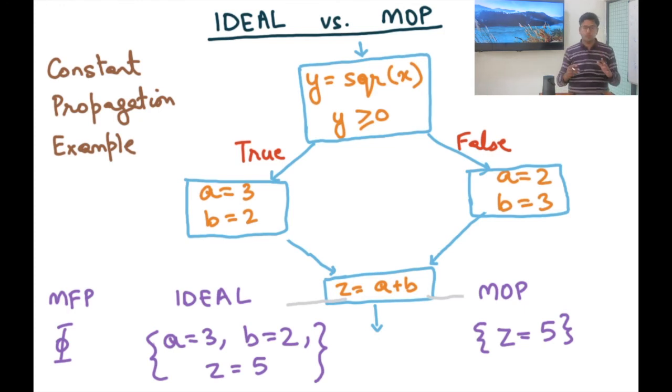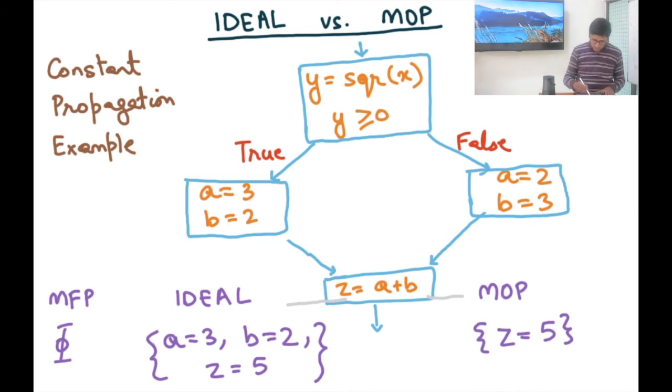So now let's assume that our transfer function for constant propagation is the option 2 transfer function, where we do some nuanced analysis to identify what is constant and what is not. In the case of MFP, let's look at this case. On the true path, I'm going to get a equals 3 and b equals 2. On the false path, I'm going to get a equals 2 and b equals 3, and I'm going to meet them.